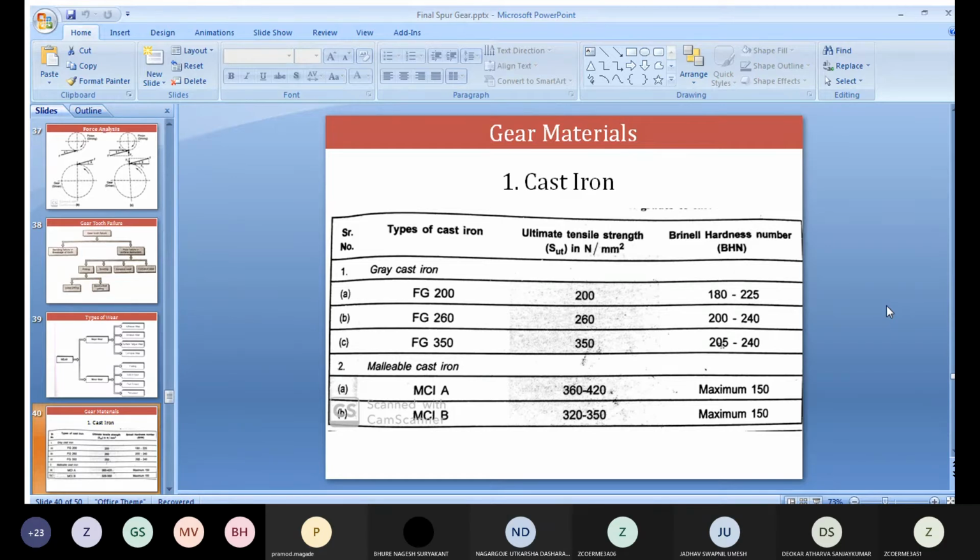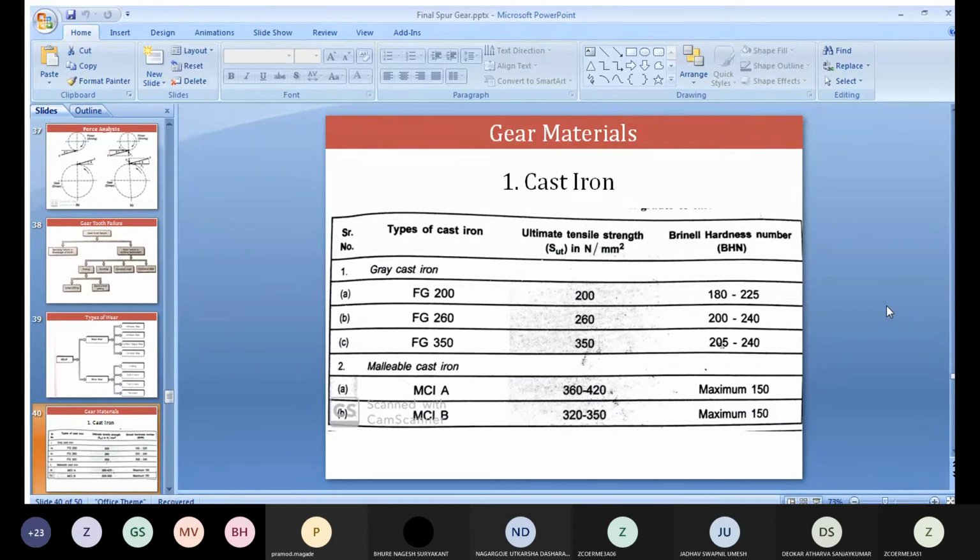Now we'll see the various types of material that can be used for a gear pair. As I told you in the previous session, the perfect arrangement in a gear pair is the pinion, the smaller one, always made of steel, and the gear, the bigger one, made of cast iron. That combination is always valid.